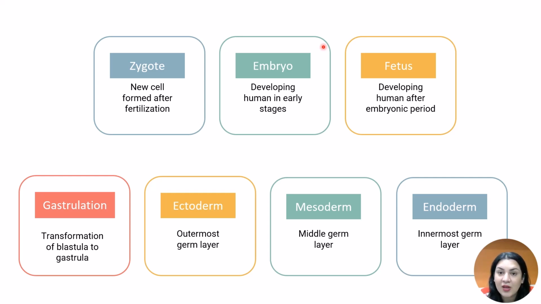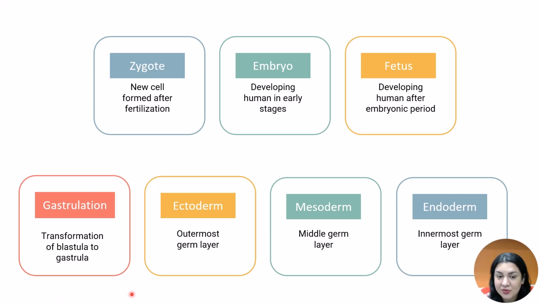So as what is known as the embryonic period of development wraps up and concludes, the developing human is no longer referred to as an embryo, but rather it's going to start to be referred to as a fetus. And by the time we start referring to this developing human as a fetus, it's starting to be a little bit more recognizable as well. So it takes on a lot of the more human features that we are familiar with. And you'll understand this, of course, as we go along.